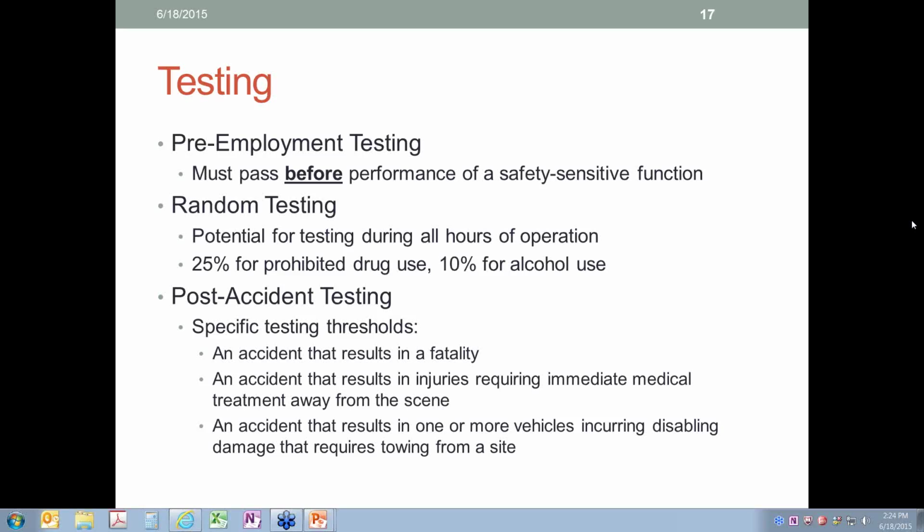If you operate service at 11 o'clock on Sunday night, you have to have the capacity to be able to test your employees at 11 o'clock on Sunday night. Not all of them, obviously, but the employees that are on duty at 11 o'clock on Sunday night have to have just as potential a possibility for testing as do the employees that are working at 2 o'clock on a Tuesday. They all have to have the same potential.